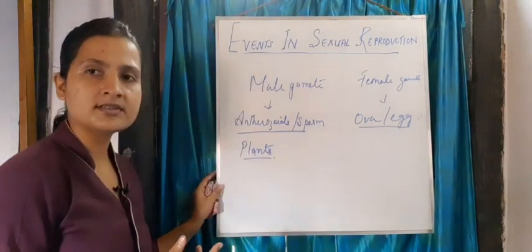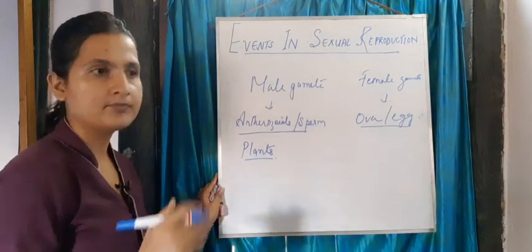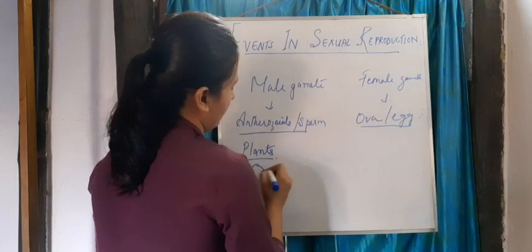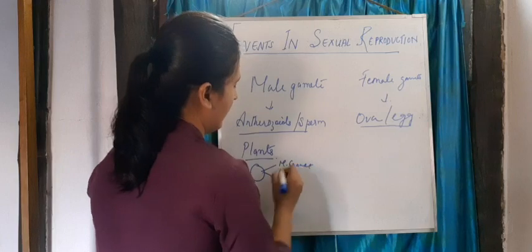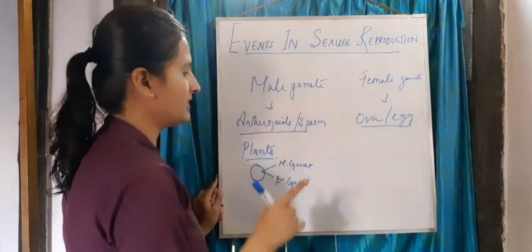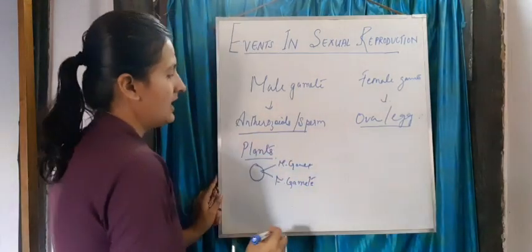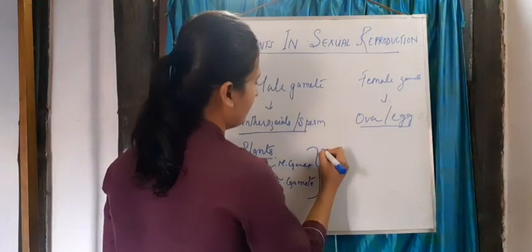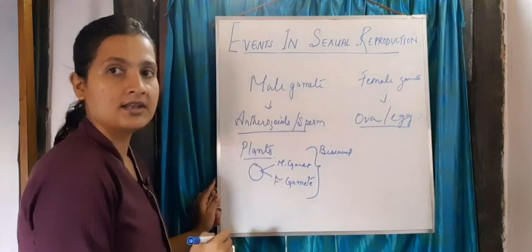Plants also possess male as well as female reproductive organs, right? Say for example, there is an organism and this organism possesses both male gamete and female gamete. So one organism is possessing both. Now this type of organism is called bisexual.